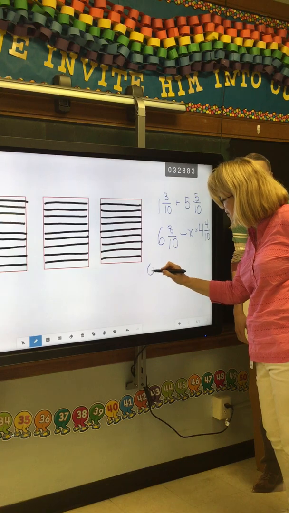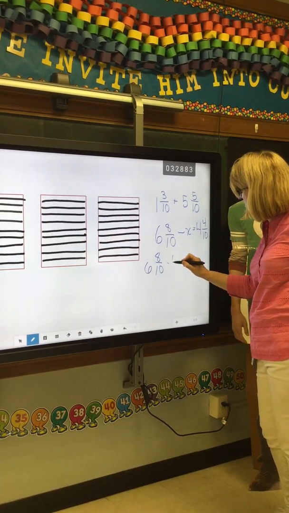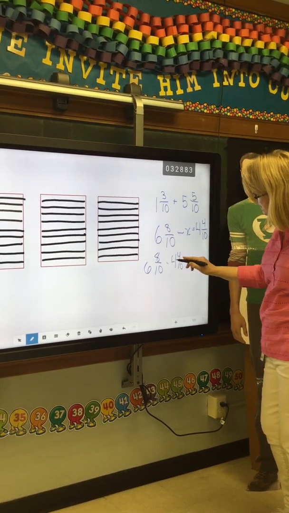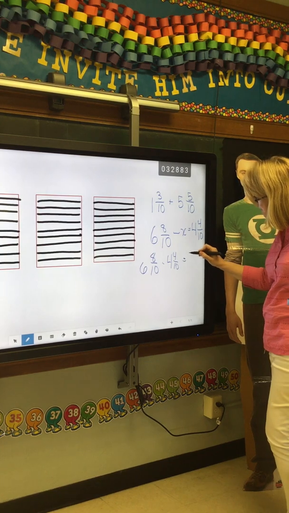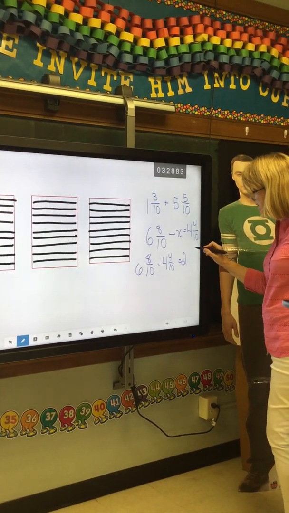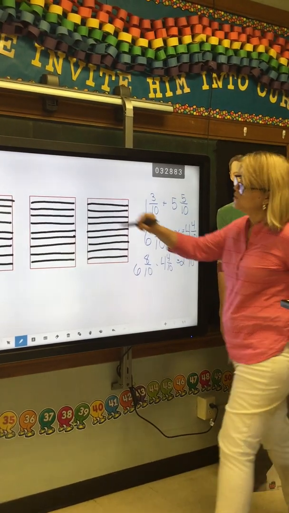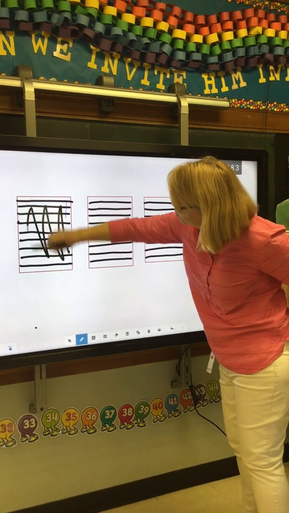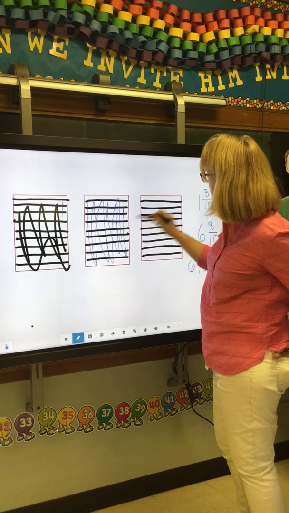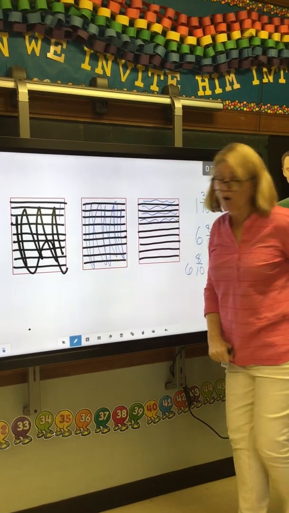So let's do that. 6 and 8/10 minus 4 and 4/10. Well, 6 minus 4 is 2. 8/10 minus 4/10 is 4/10. So 2 and 4/10 were left over.